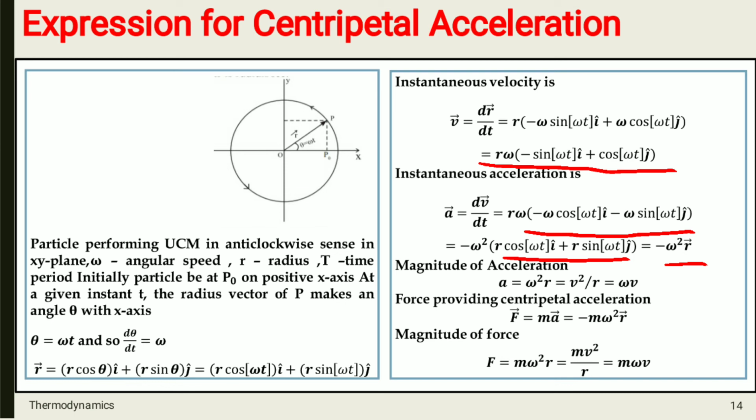We can find the magnitude of acceleration: a = omega square r, or you can say v square by r. Omega is equal to what?